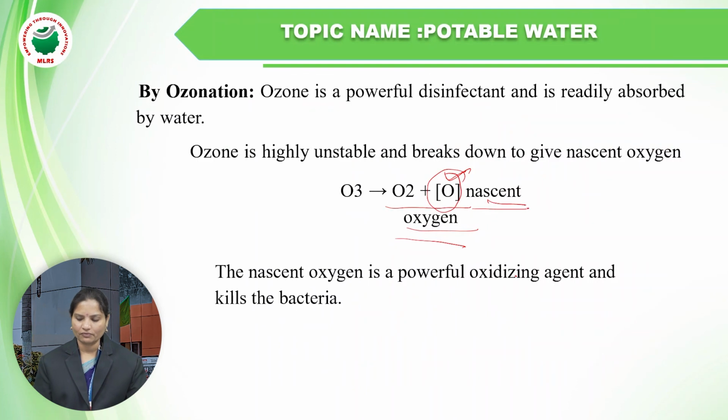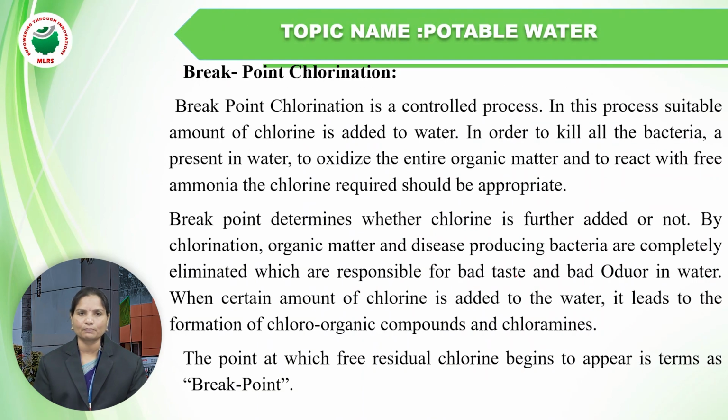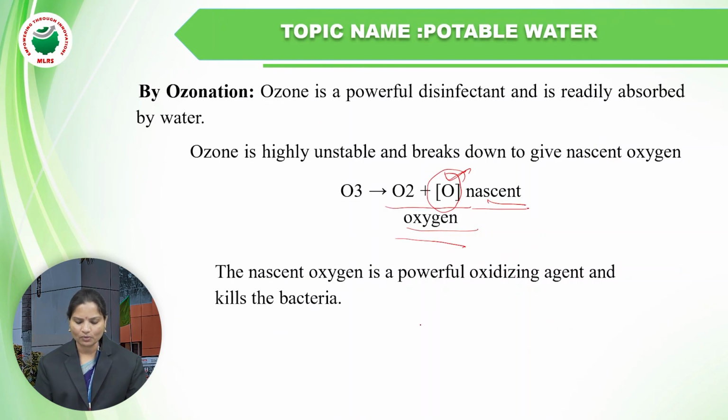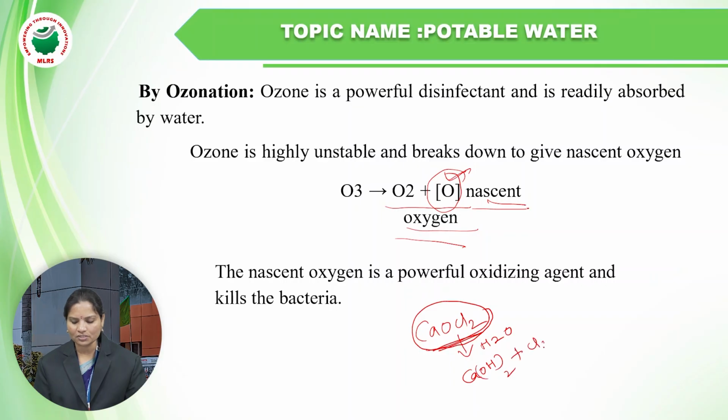Then one more, we can utilize bleaching powder. What is the bleaching powder formula? CaOCl2, calcium oxychloride. Whenever this calcium oxychloride reacts with water, it produces calcium hydroxide and also Cl2.